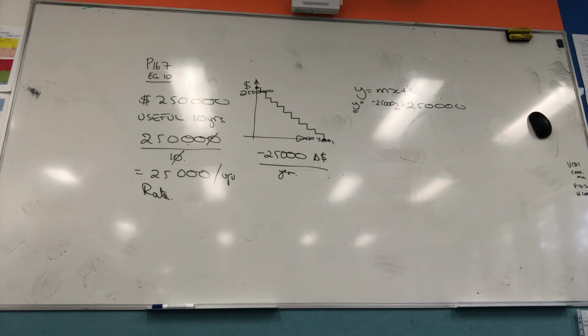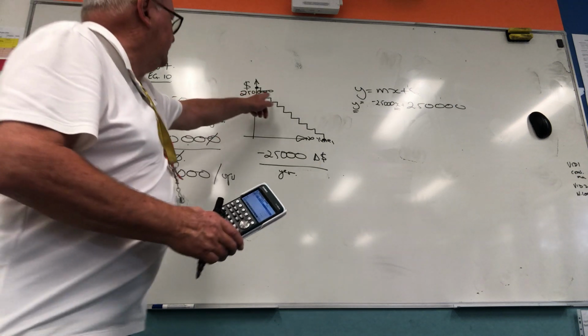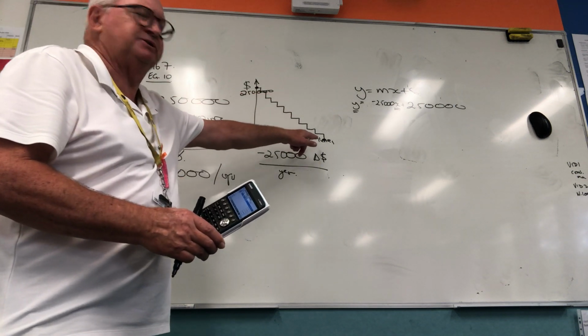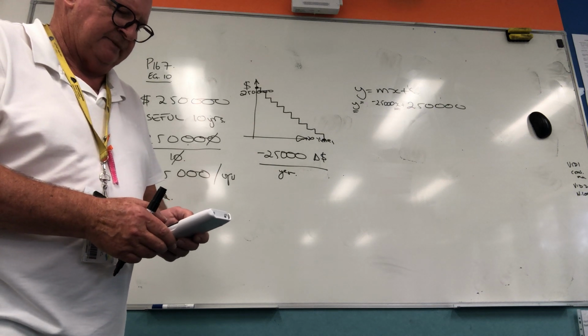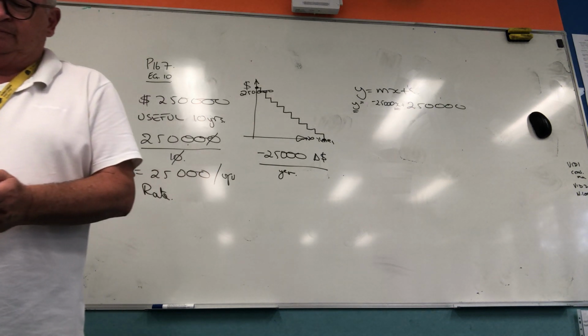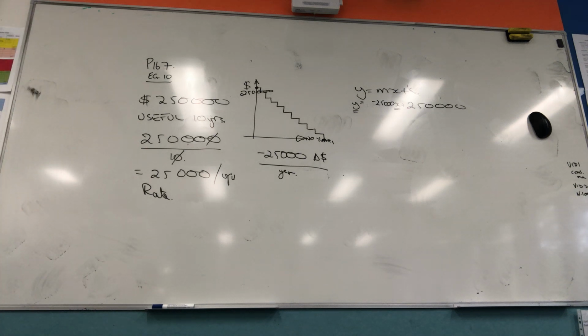Now clear them away. It goes across 1 and down 25,000 each time. Just hit delete, then delete all.